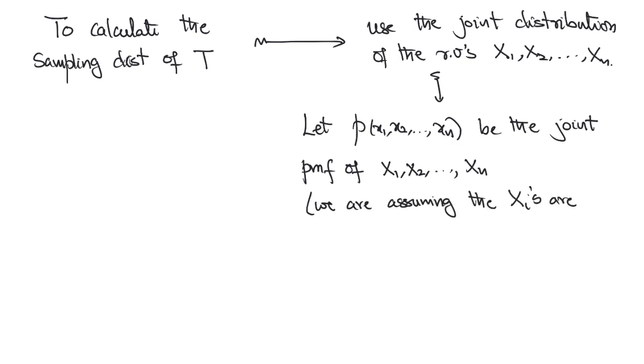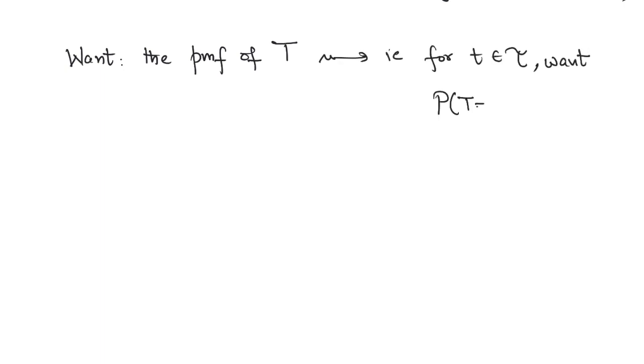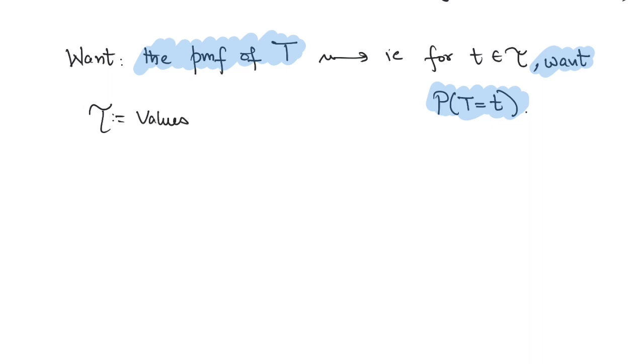Then we want to calculate the PMF of the statistic T. That is, for values of small t inside script T, we want to calculate the probability that the statistic T takes the value t. In this setting, script T denotes the set of all values of the statistic T.